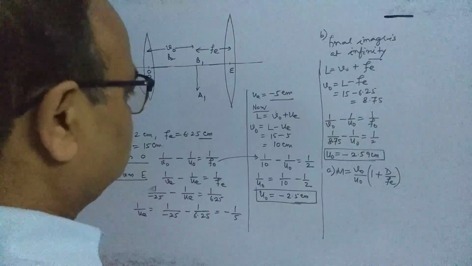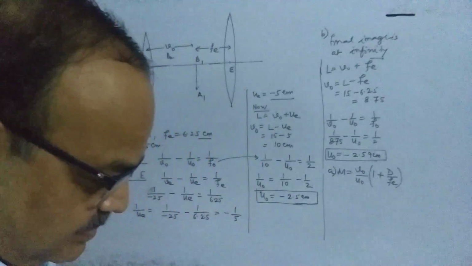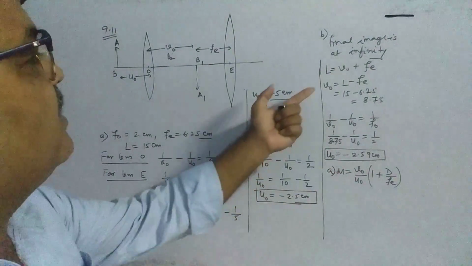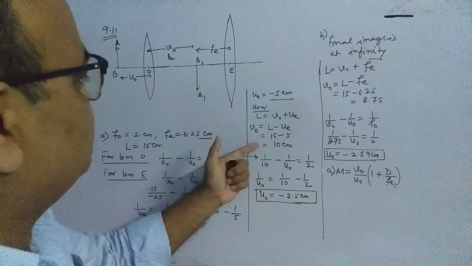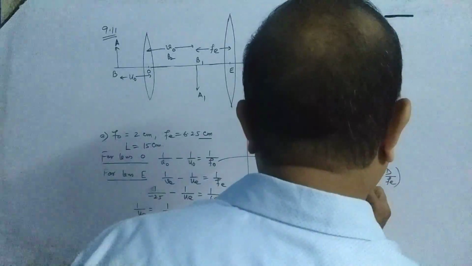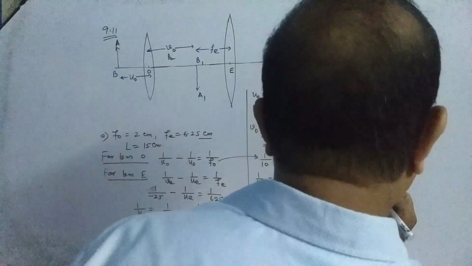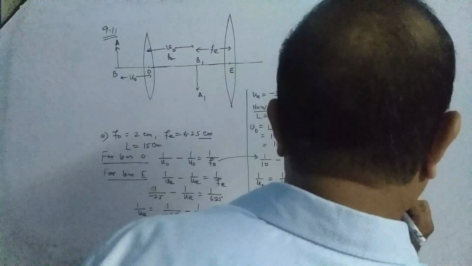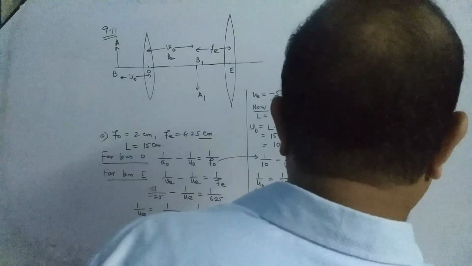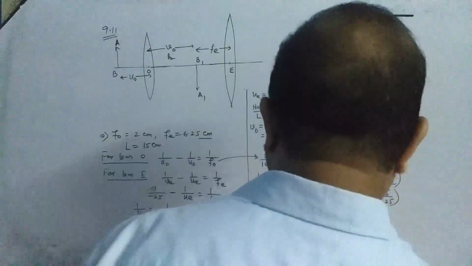In the first case, part A, the magnification has to be found with sign. You know the value of VO. Here in part A the value of VO will be 10, the value of UO will be minus 2.5. Here 1 plus 25 by FE, the value of FE will be 6.25. And from here the answer, I have solved it, it is minus 20.